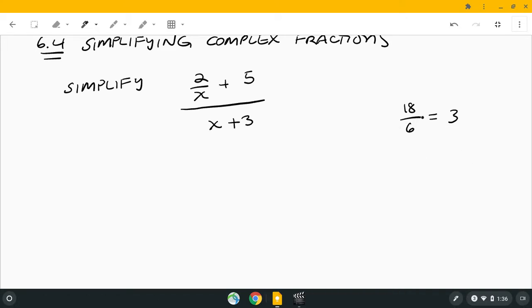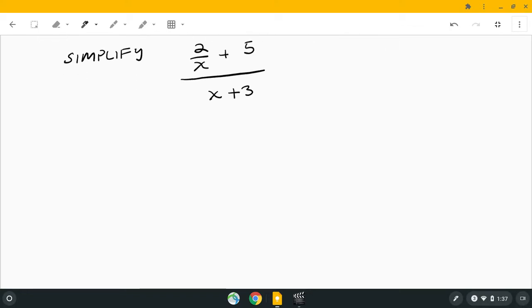So fractions are another way of representing division. With that in mind, this is like saying 2 over x plus 5 divided by x plus 3. That's our first method, where we look at this as a division problem.